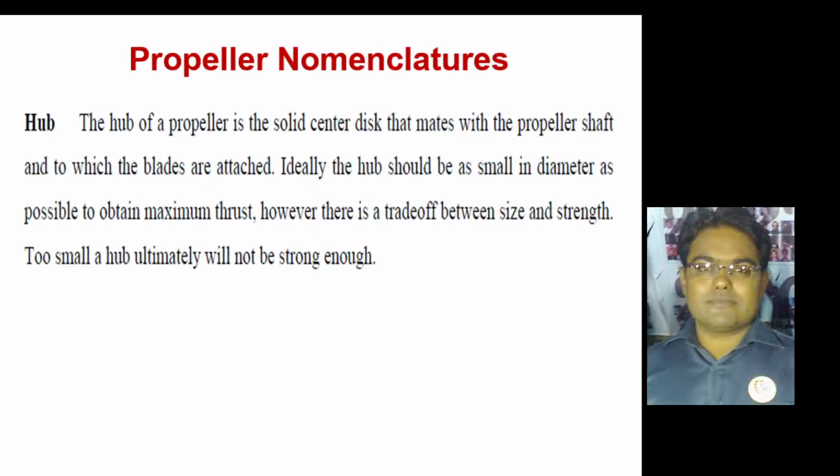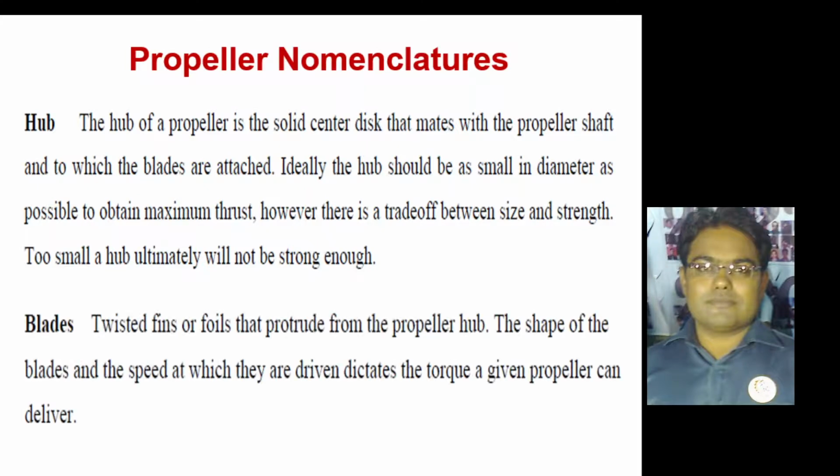So for a better design, the hub should be as small in diameter as possible. However, there is a trade-off between size and strength. Too small a hub ultimately will not be strong enough, so they have to decide based on the power or thrust generation requirements.